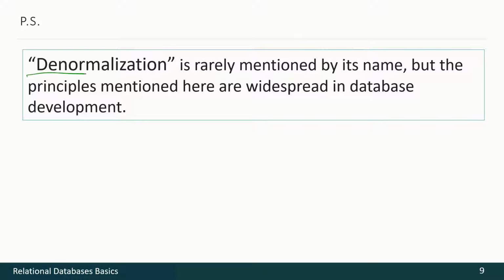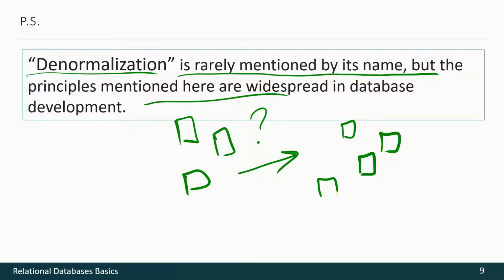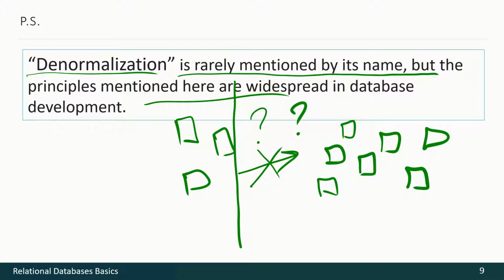In reality, denormalization is rarely mentioned by its name, but the idea here is the following. When we are using the normalization process, we have to think, should we do the following step, getting the database into a more normalized situation? Maybe we should or maybe we should not. Once we decide not to do this step and stop here, this is a kind of denormalization in quotation marks.